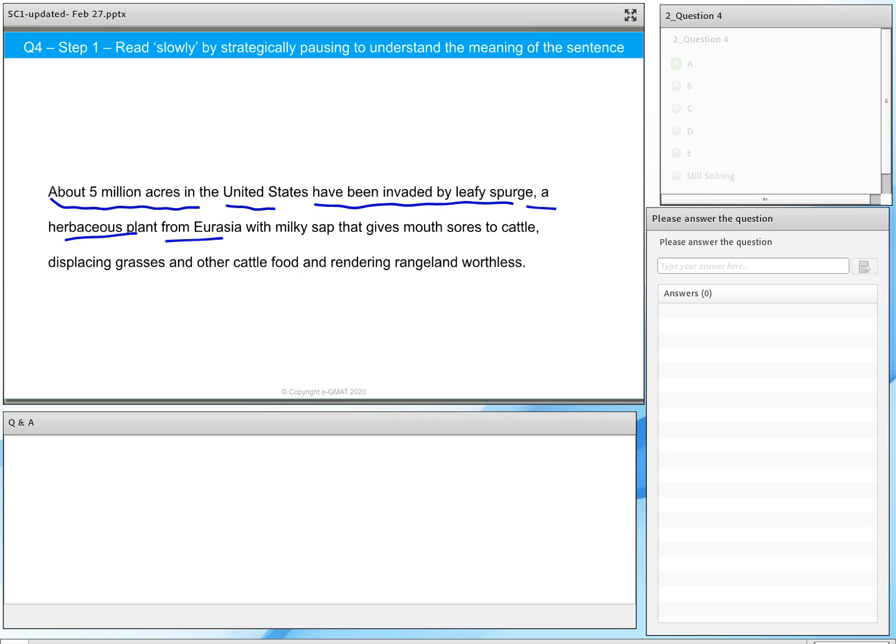So leafy spurge is a herbaceous plant, a kind of plant. It comes from Eurasia with milky sap, and it contains milky sap that gives mouth sores to cattle. Pretty bad, right? Okay. So it gives mouth sores to cattle. Then we understand displacing grasses and other cattle food and rendering rangeland worthless.